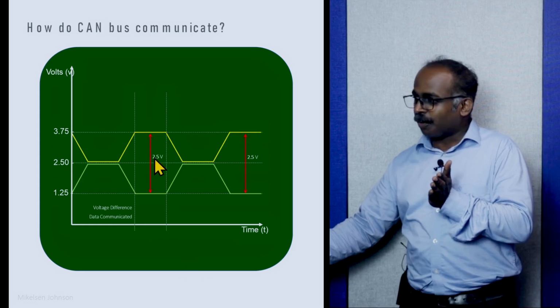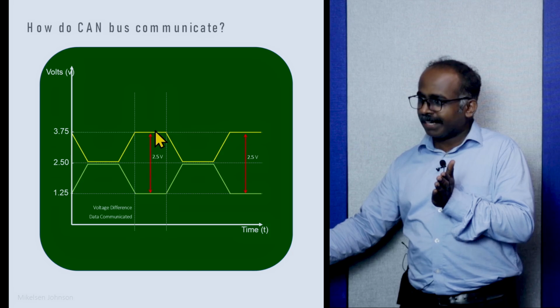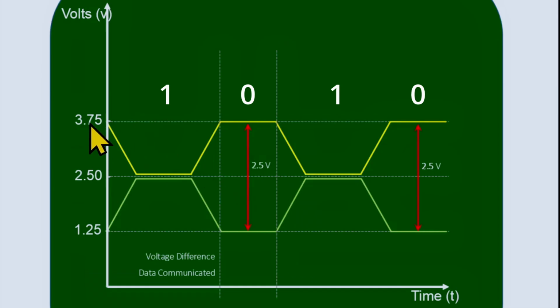It will be 2.5. See. Understood? Because the difference between 3.75 and 1.25 is what? 2.5. So when there is a difference in voltage between these two cables, the receiver will understand it's a communication 0. When there is no difference, that is called digital signal 1.